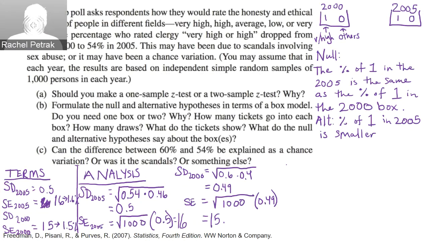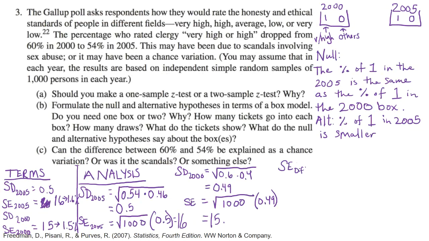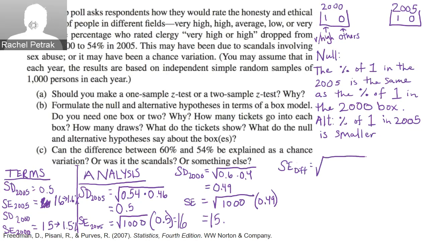So we can get the SE for the difference, which is the goal here, because when we get the SE for the percent, as you recall, it's computed from the square root law.